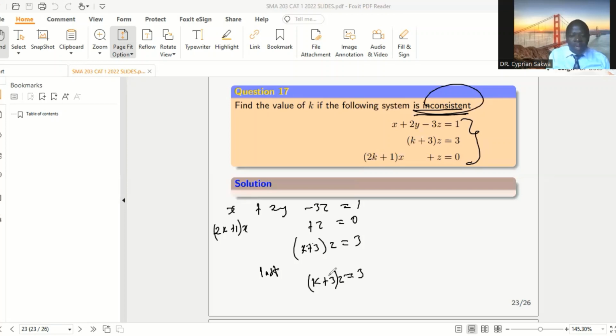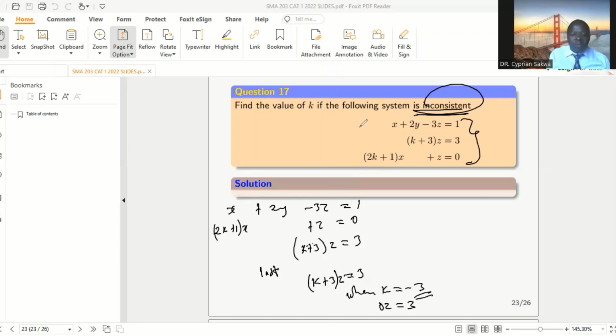So what will make this value 0? When k is negative 3, I would have 0z equals 3, which is impossible. So the system would have no solution when k is negative 3.